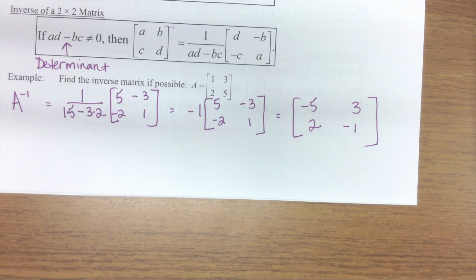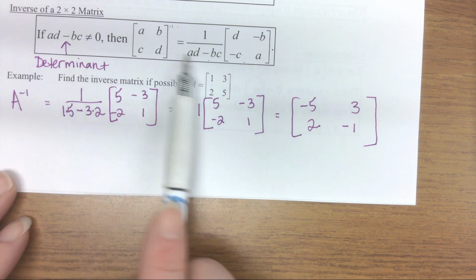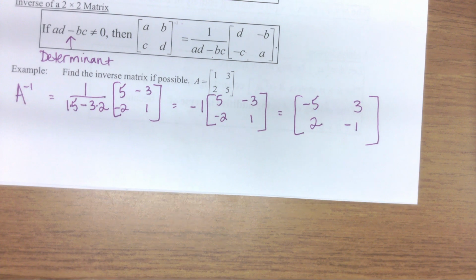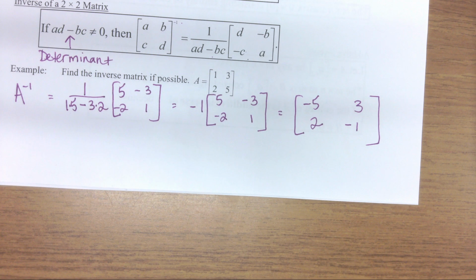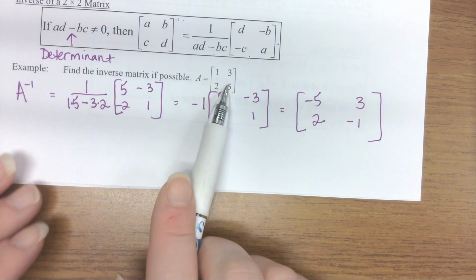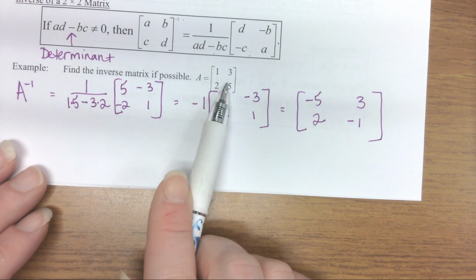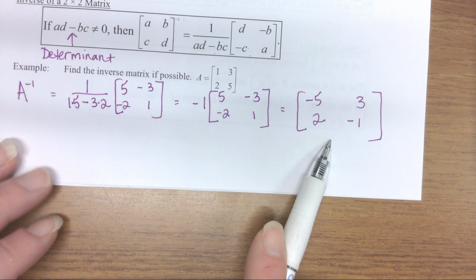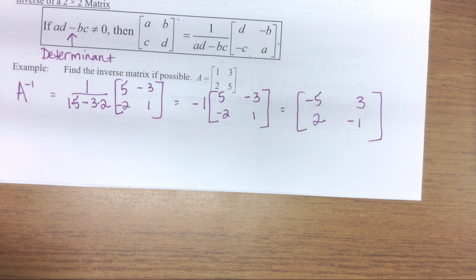If I multiply the original matrix by its inverse, what should the result be? If I take the original matrix and multiply by its inverse, what's the identity of a square matrix?